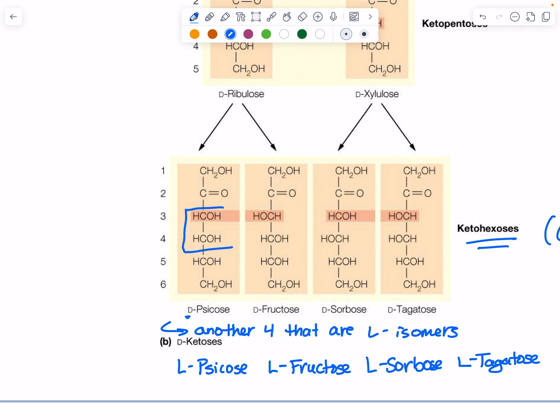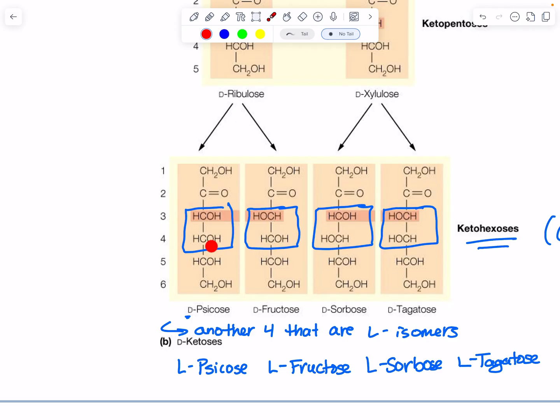Notice that the name of the sugar is going to change based on the stereochemistry at our other 2 stereocenters. We can have our hydroxyl groups both on the right, one on the left and one on the right, or one on the right and one on the left, or both on the left.